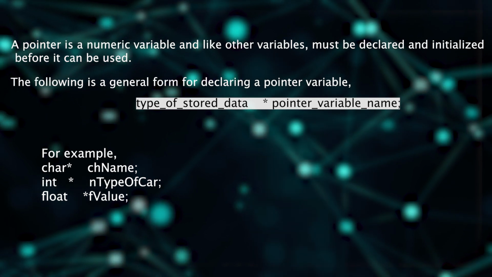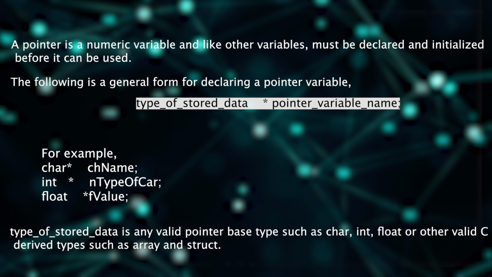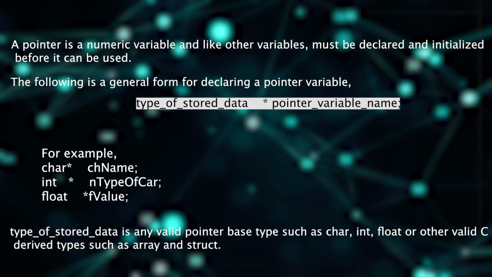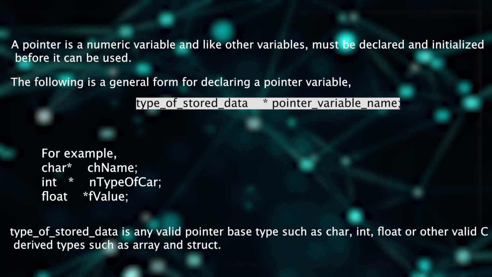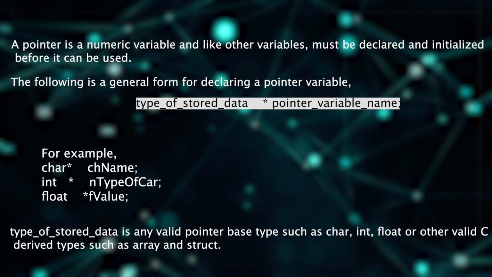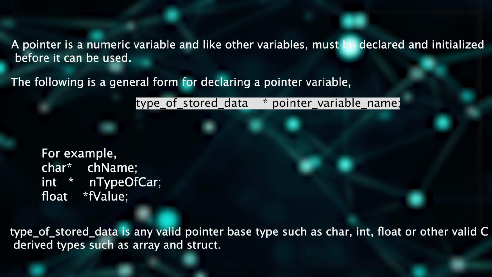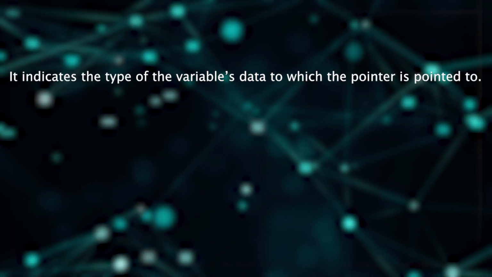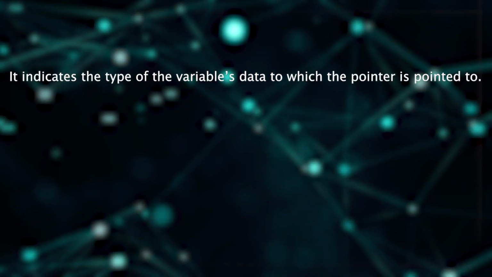The type of stored data is any valid pointer base type such as character, integer, float, or other valid C derived data types such as array and struct. It indicates the type of the variable's data to which the pointer is pointing.